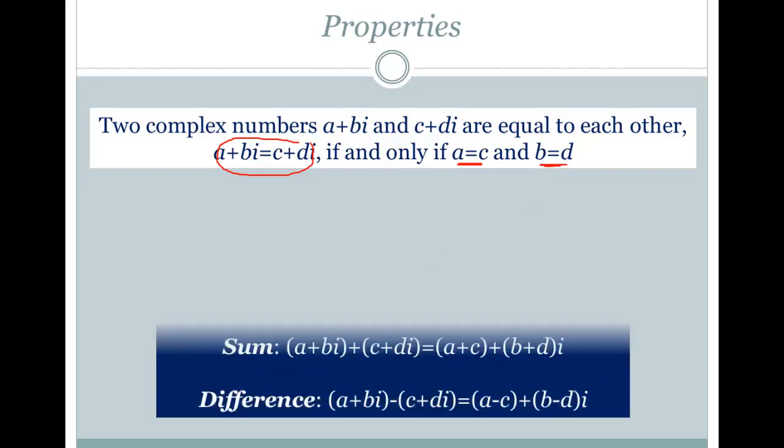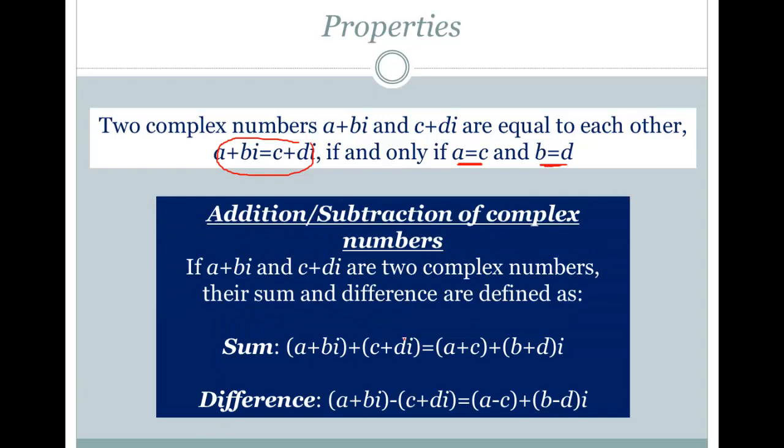When I'm looking at adding and subtracting complex numbers, it's really straightforward. I just want to add or subtract the real parts, and add or subtract the imaginary parts, like that. And we'll do a couple examples of these right now.